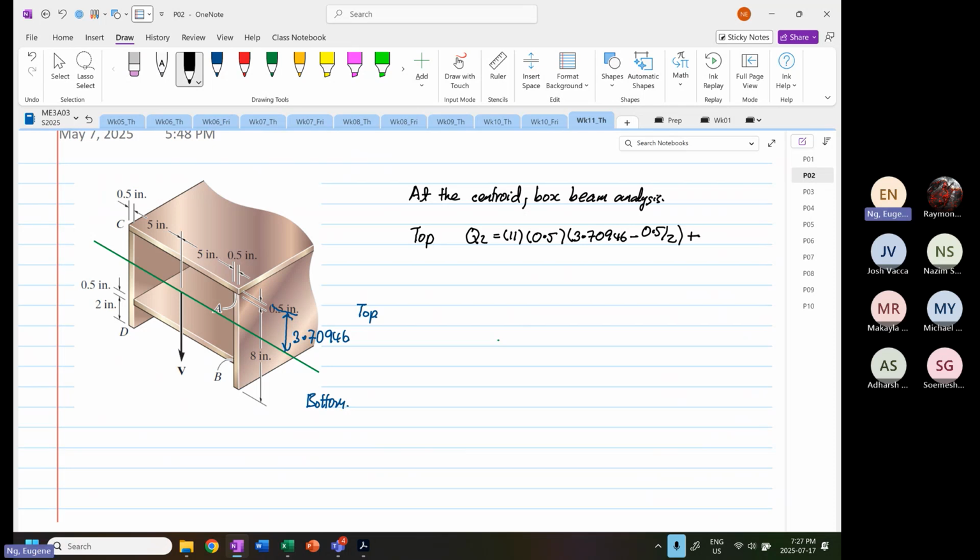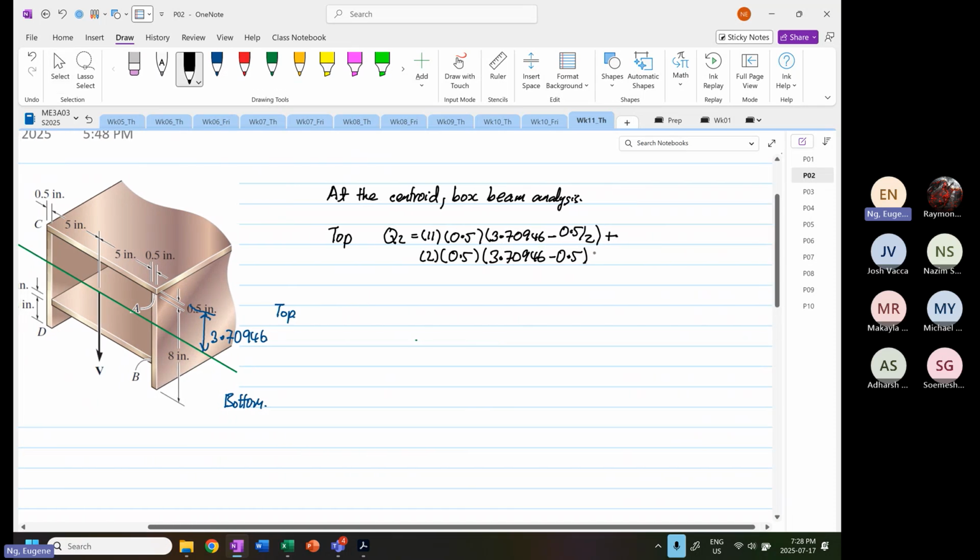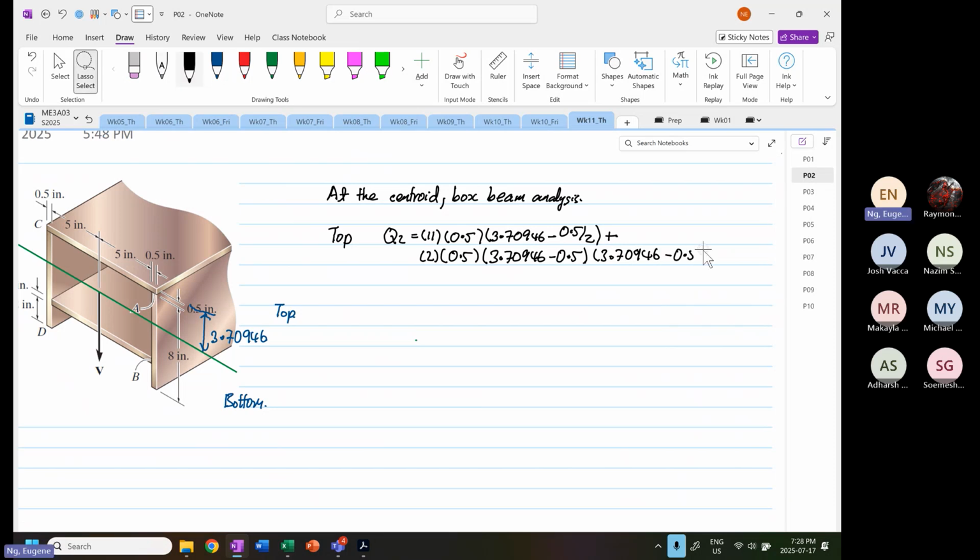Now is the vertical web, 2. The width, that's the easy part. Now the depth is 3.70946 minus 0.5, and then again we have 3.70946 minus 0.5, and then the whole thing divided by 2.